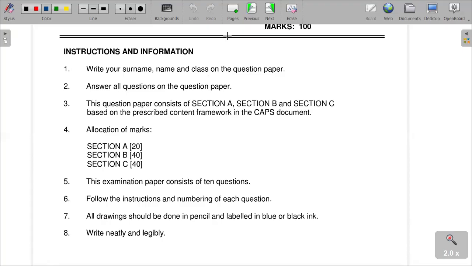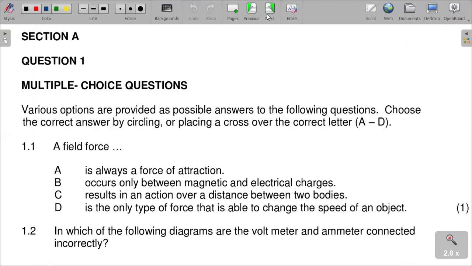Write neatly and legibly. I just thought of reading them for others to remember. Don't forget to write your surname, name, and class on the question paper, as well as the name of the subject. Anyway, you need to know that it's Section A.